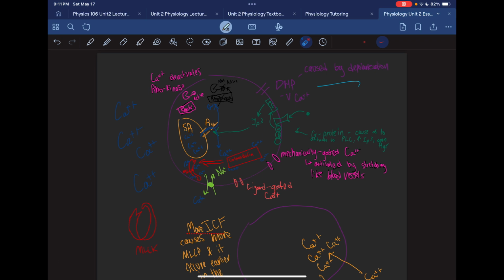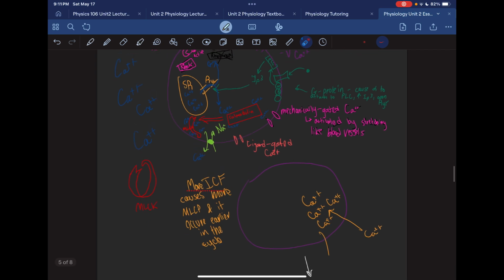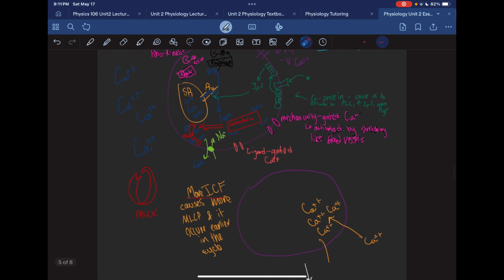Okay, calcium will deactivate the Rho kinase. So when calcium deactivates Rho kinase, that means we're going to end up having an active MLCP. As things depolarize, we see that there's a mechanically gated calcium and a ligand gated calcium.